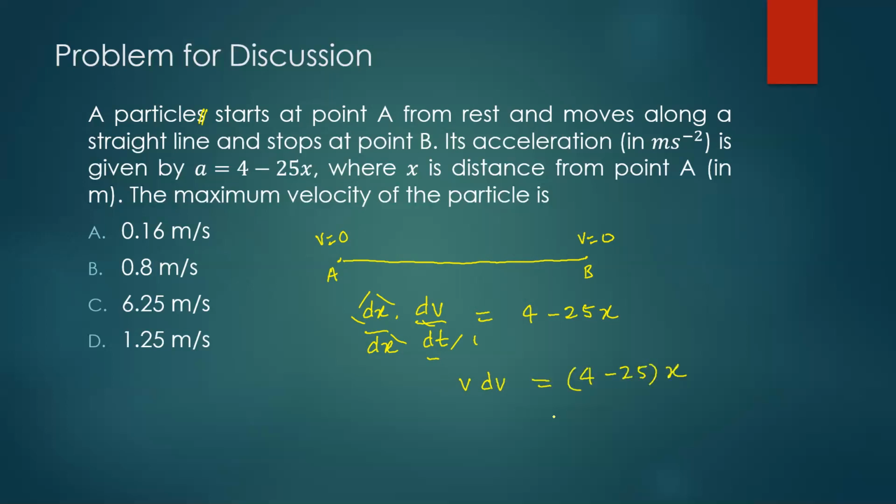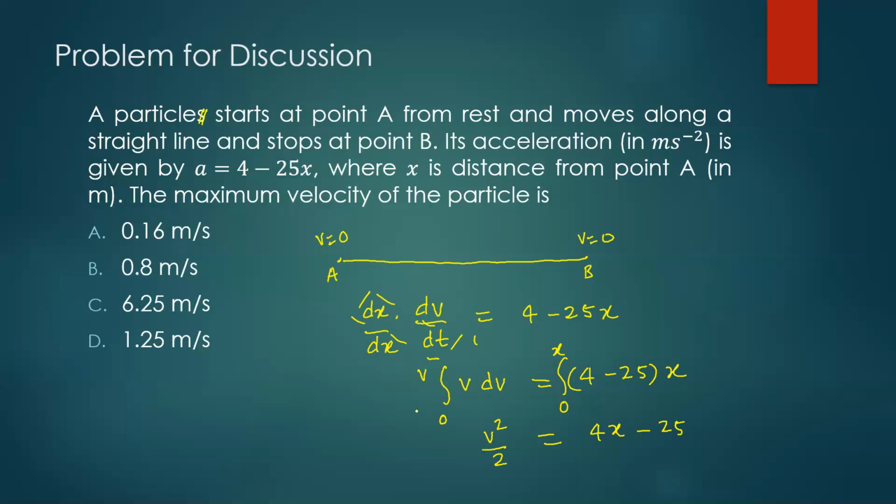So from here, I think we can get velocity as a function of x by integrating. So initially, when position is 0, the velocity is 0. The left-hand side is v square by 2. The right-hand side is 4x minus, oh, sorry, what am I doing?